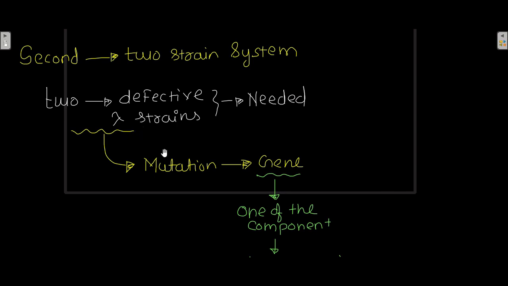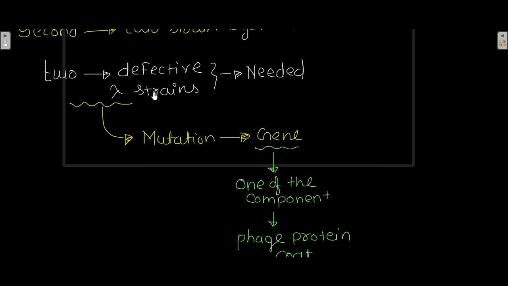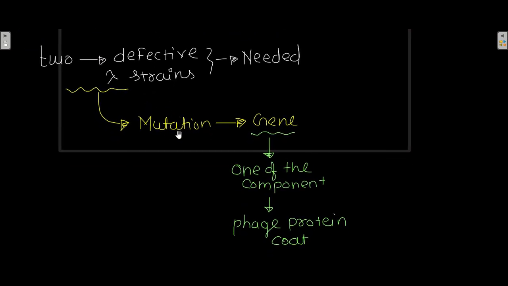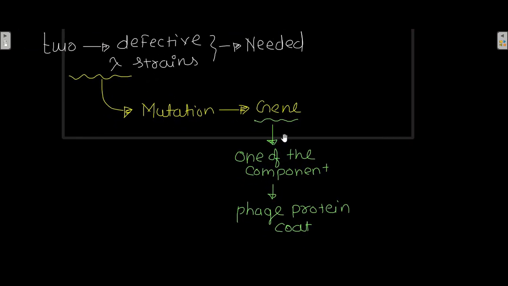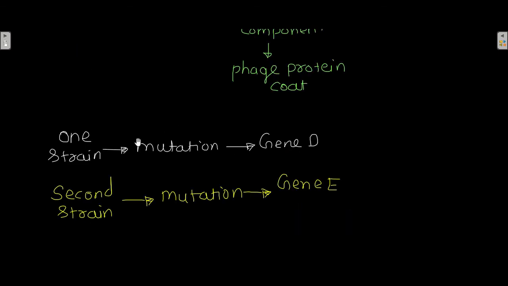Both strains contain a mutation in a gene which is responsible for the production of one of the components of the phage protein coat. One strain has a mutation at gene D, the second strain has a mutation at gene E, and both of these genes code for proteins which are required for the phage coat.